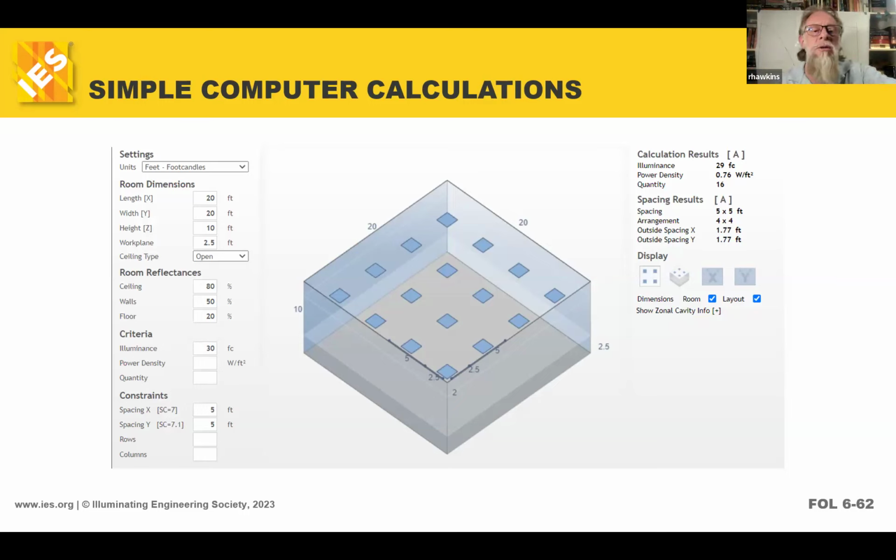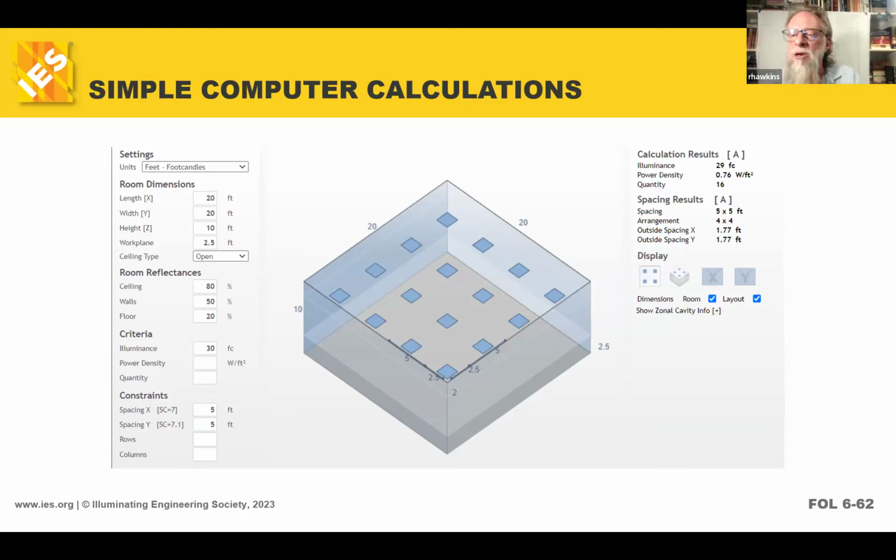Notice on the left-hand side, they've got inputs for this particular utility, where you put in a room definition, 20-20-20, height 10, work plane 2.5, room reflectances, and then you plug in 30 foot candles under criteria, and in the top right section, it tells you that with 16 fixtures, you get 29 foot candles. Notice it says it wants you to put them in a spacing of 5 by 5 feet.